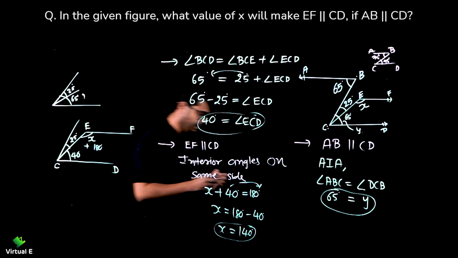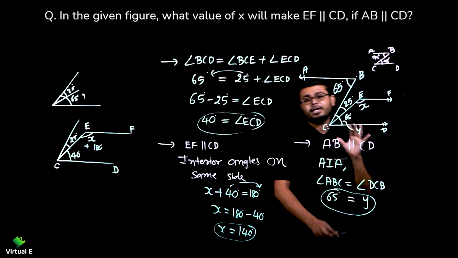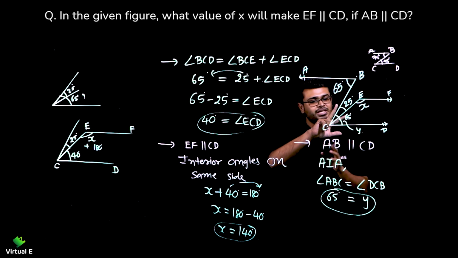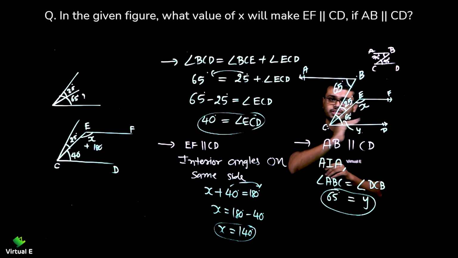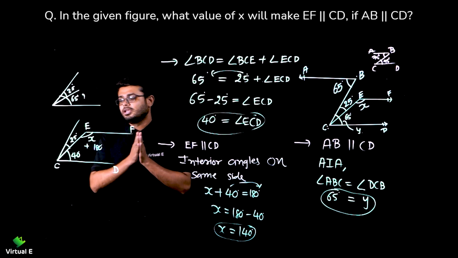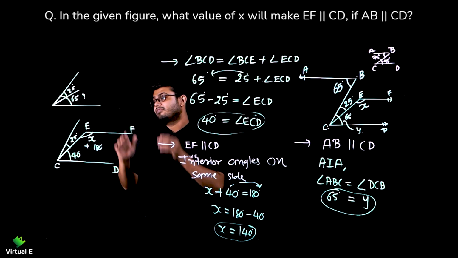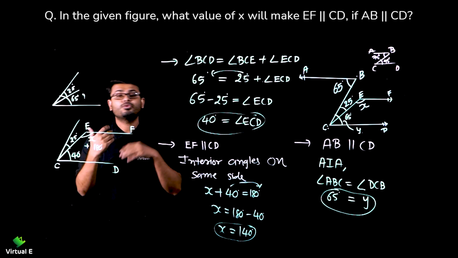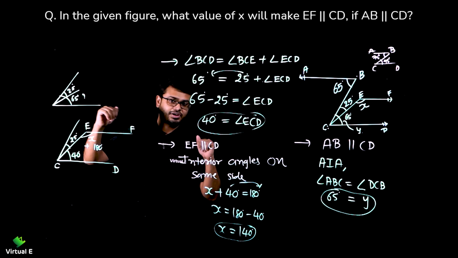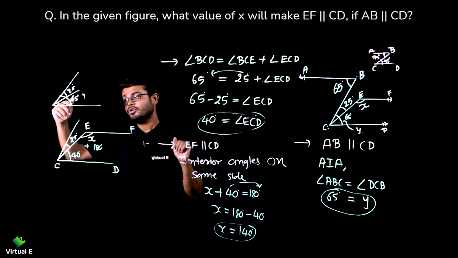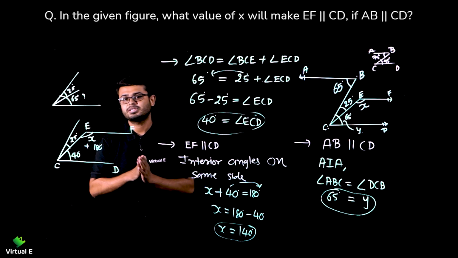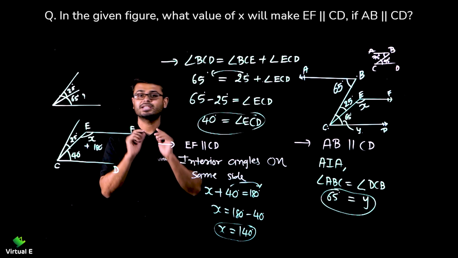Simple it is, but you do need to pay attention to what angle is given and what angle is missing at some point. Because see, this is also one angle, this is also one angle. If you don't pay attention much, you can get confused about what value you have and what value you need to find. Here we have taken X plus 40 degrees is equal to 180 degrees. If you even by mistake take 65 here instead of 40, you are not going to get the correct answer. You will have an impression that it is correct, but it's not.